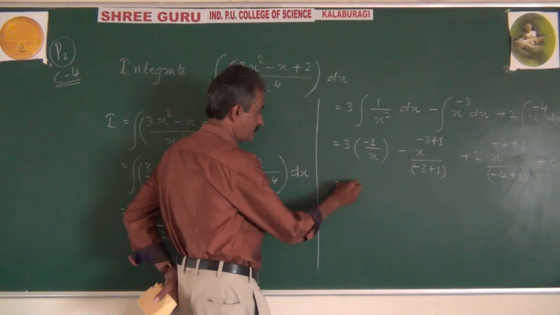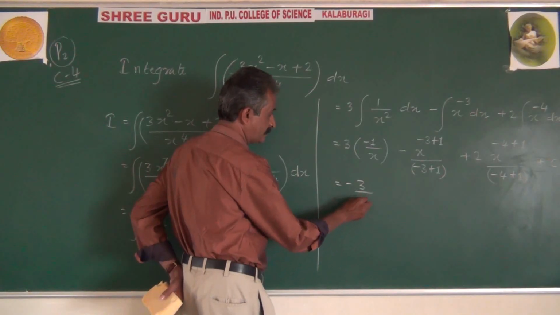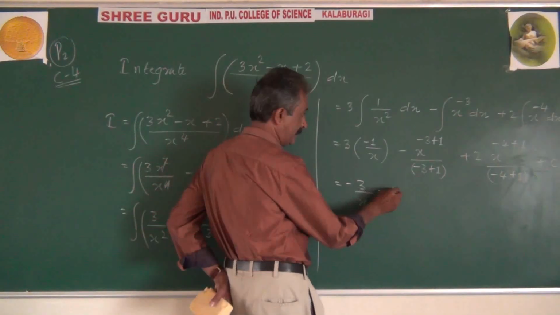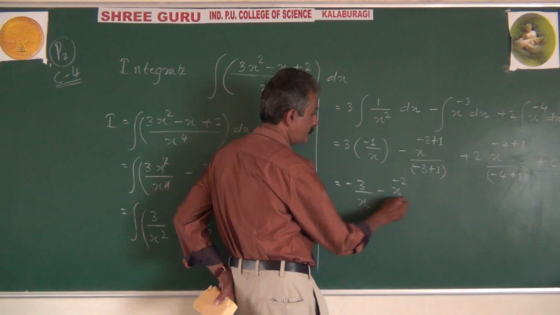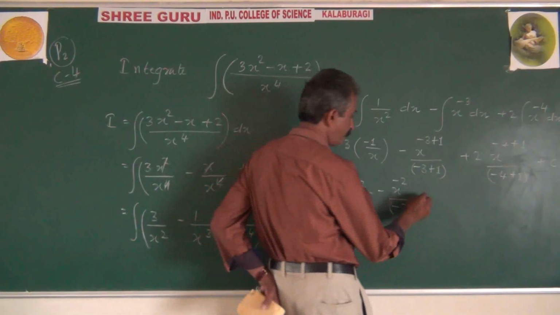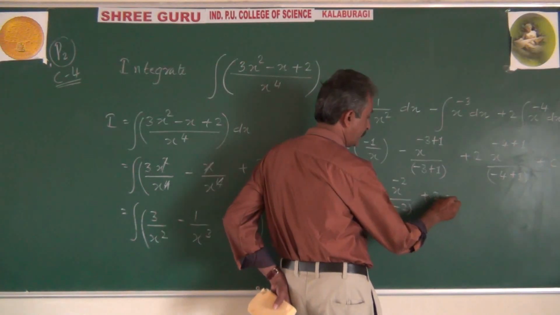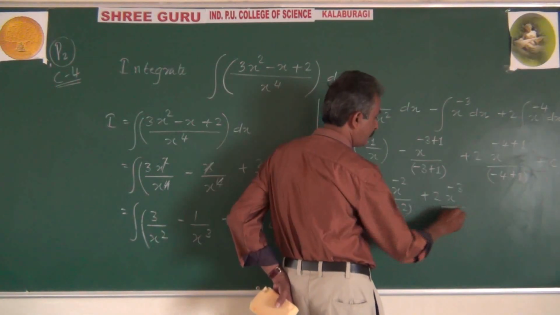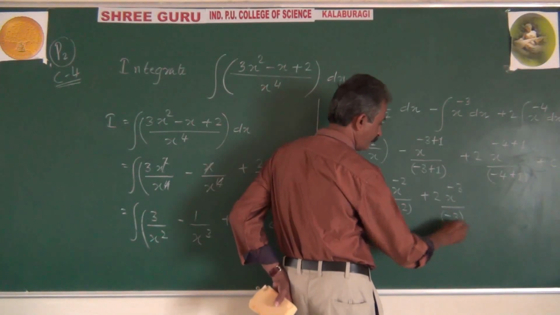Finally, minus 3 divided by x, minus x power minus 2 divided by minus 2, plus 2 into x power minus 3 divided by minus 3, plus c.